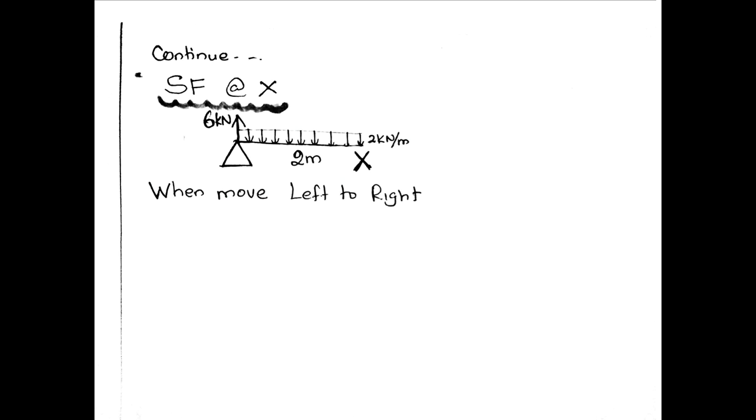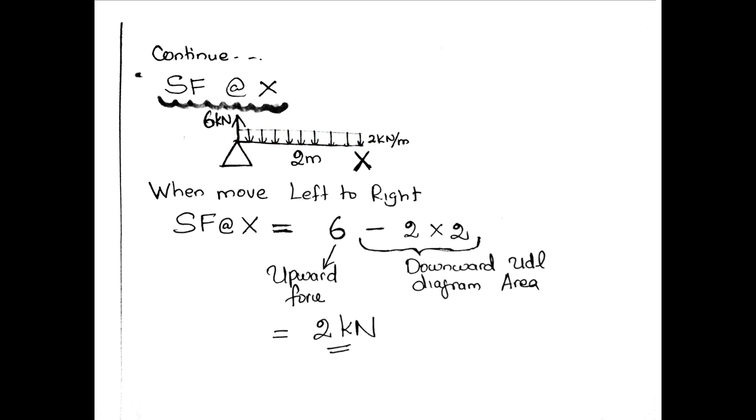Let us find the shear force at X. This is the beam. This portion of the beam is not needed, because we consider left to right movement up to X. Left to right, 6 kilonewton plus, because it is an upward force.